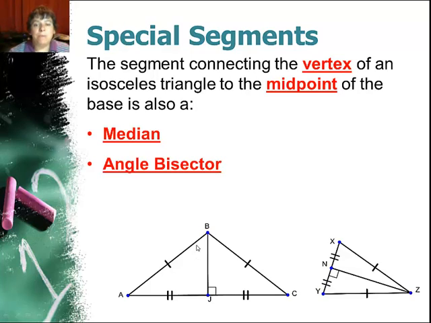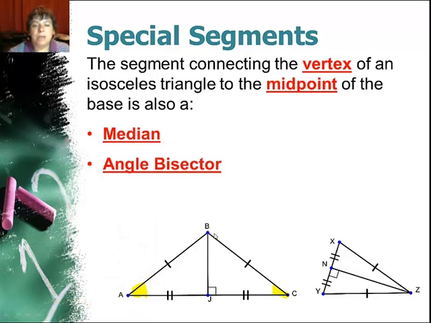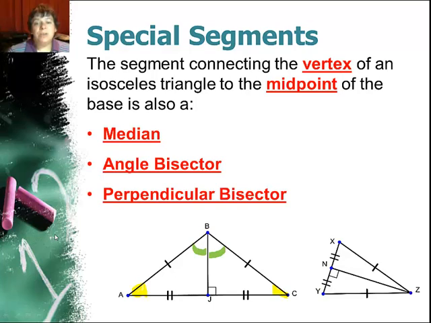It's also an angle bisector because if angle A is congruent to angle C, and these are both 90, then you know that the angles formed at the vertex, so in this case, angle ABJ has to be congruent with angle JBC. So it's also an angle bisector. It's also a perpendicular bisector because we said that we had the 90 degrees here.